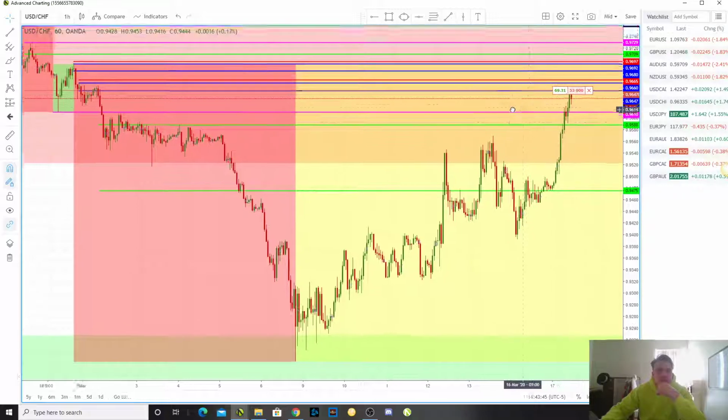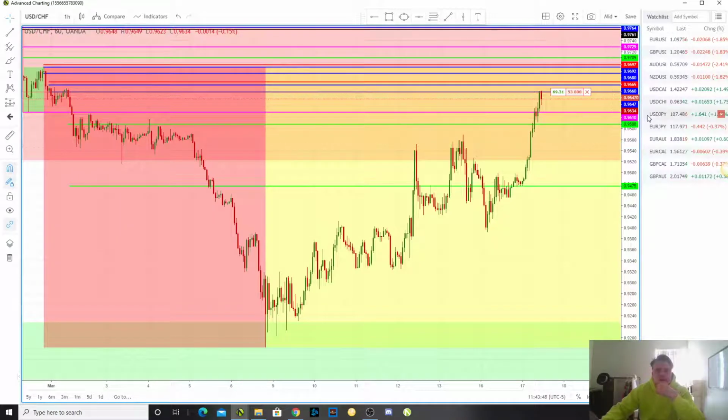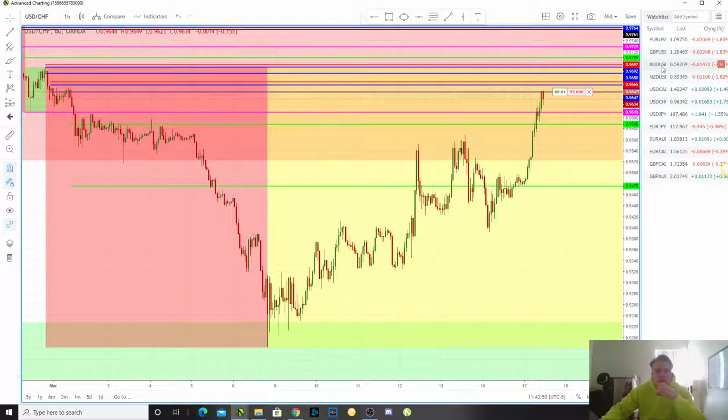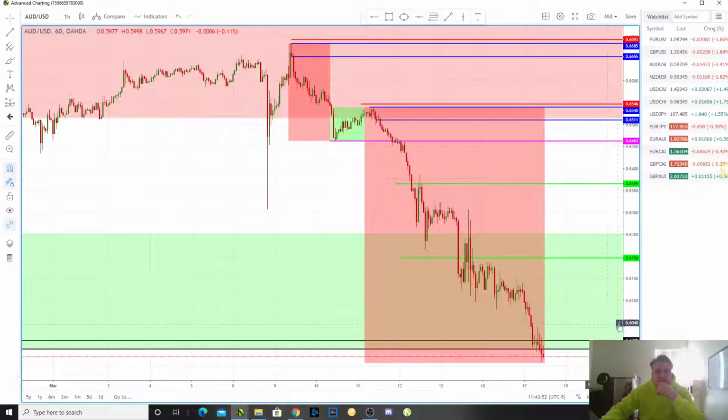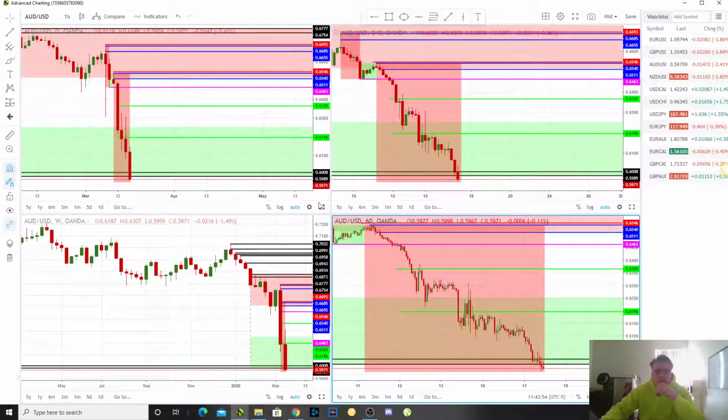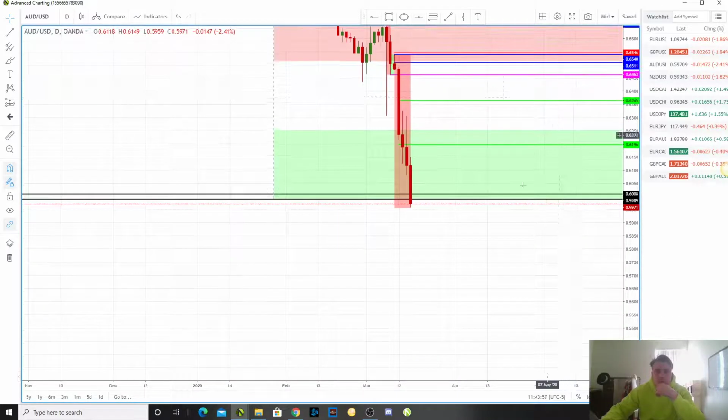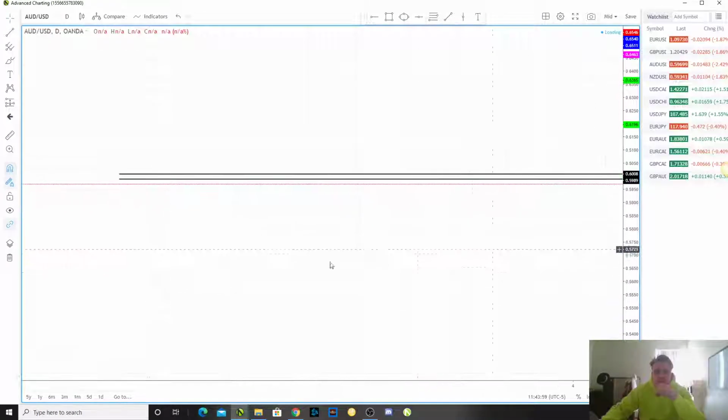So that's our first entry, hit. So we're going to keep an eye on that and see what happens. Back to the Aussie dollar. So surprise, surprise, it broke through daily demand from like 2003 when the Forex markets first became a thing.